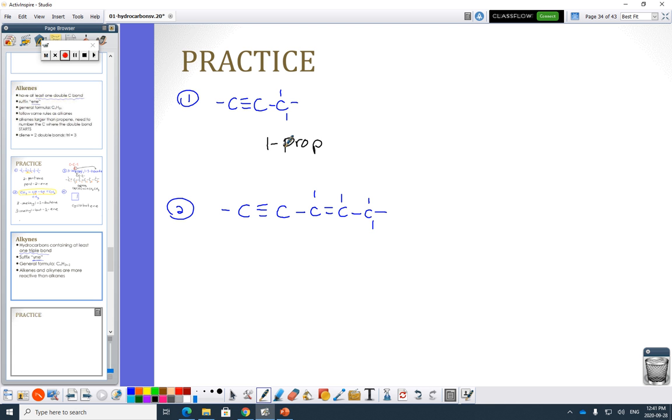That's on carbon number 1, propyne. Or prop-1-yne. Because then in this one, we have, this is an yne, but this is an ene. Right? So now we have to do the double endings.